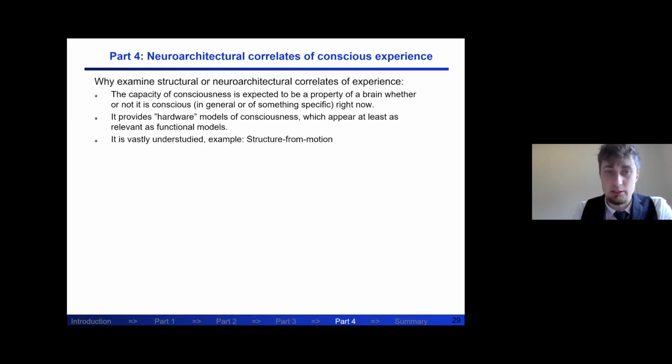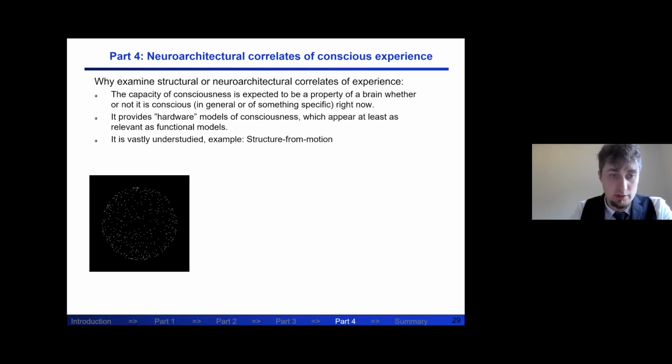The last is that it's vastly understudied, and I'll give an example from Structure from Motion, which is this type of stable perception paradigm. You should see this 2D image as a 3D rotating sphere. It can rotate in both directions, but that is your brain interpreting front and back of the sphere differently. So any alternations that you see are self-generated.